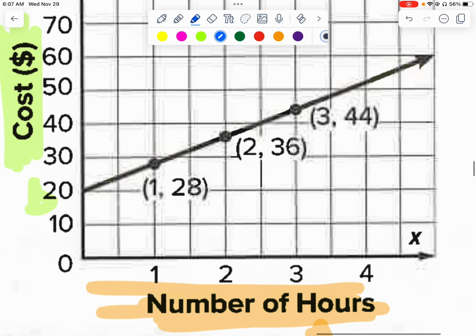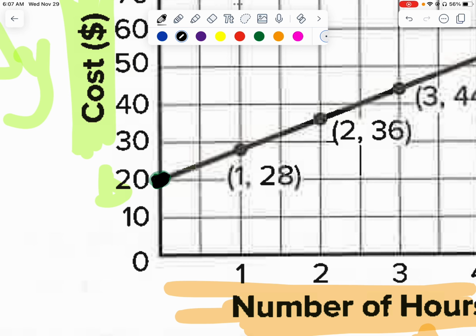The slope. So if I used this point right here, I'll even make it black just so that they look the same. Now, do you notice that it's not a perfect point? It doesn't go through this lattice point.